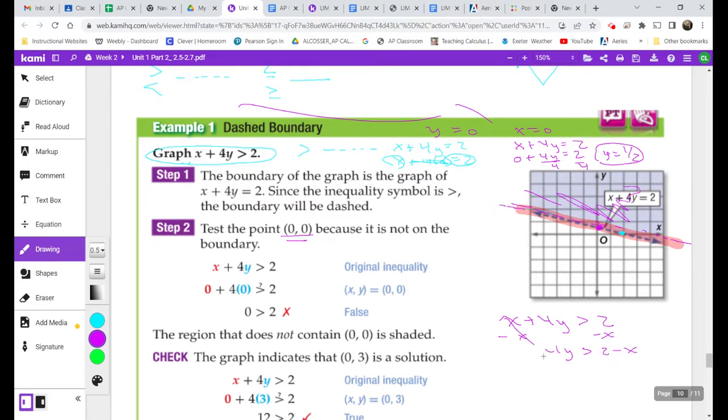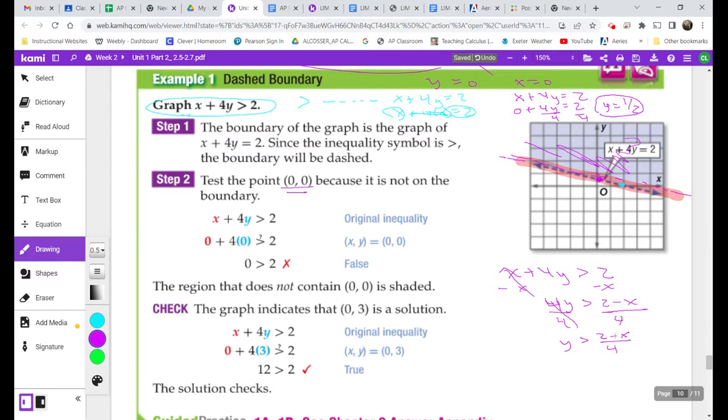Then let's just say I divide both sides by 4. You can leave it like that. Here's my next question: which way does the arrow point? Does it say greater than or less than? This is a greater than symbol. If it's a greater than, then that means it's above the line. So then we just shade above the line like they did.